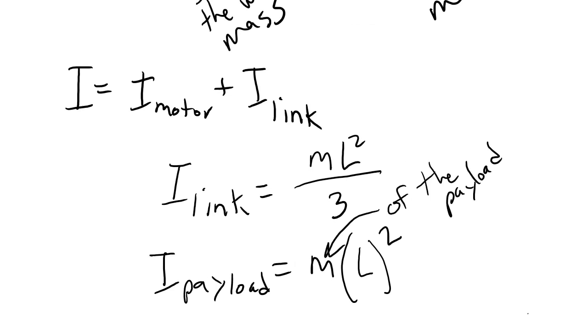Note that if the mass of the payload is the same as the mass of the link, the amount of torque required to accelerate the payload is actually 3 times the amount of torque that is required to accelerate the link. Let's do those calculations.